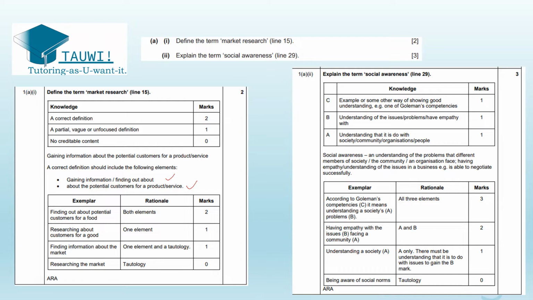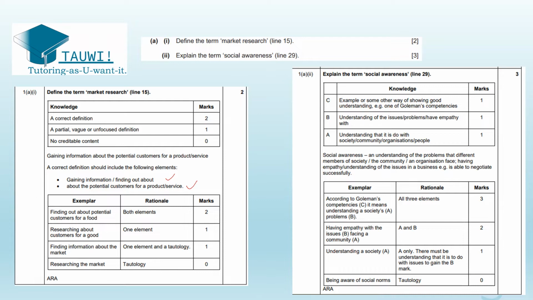Okay, explain the term social awareness. So you remember the social awareness was part of emotional intelligence. And there is a name of the person who started talking about emotional intelligence. I can't remember the name. It is somewhere in your textbook. But social awareness is an understanding of problems of different members of society.